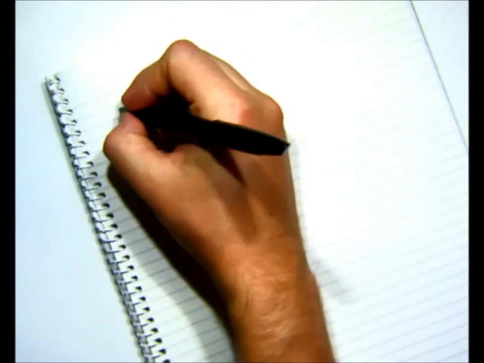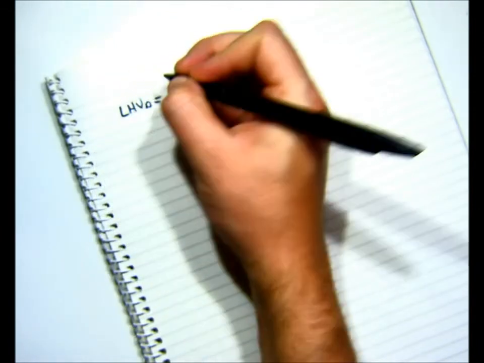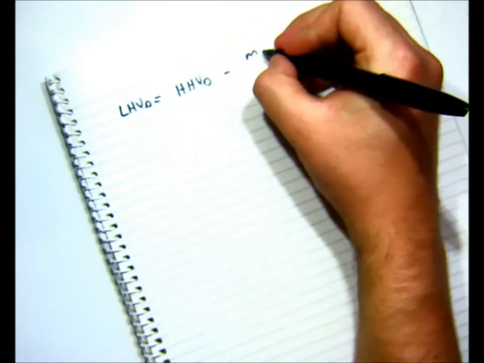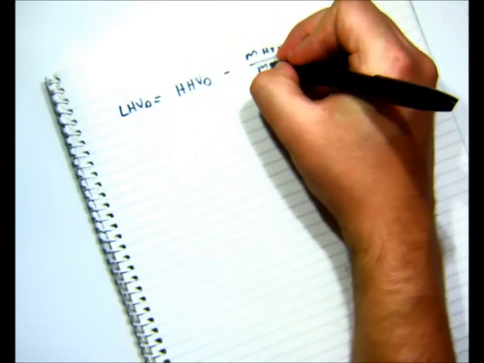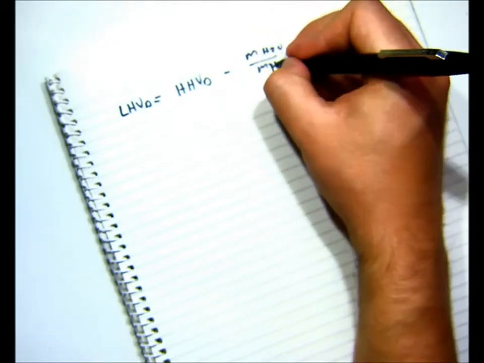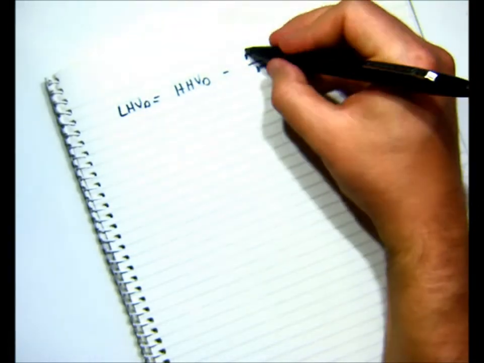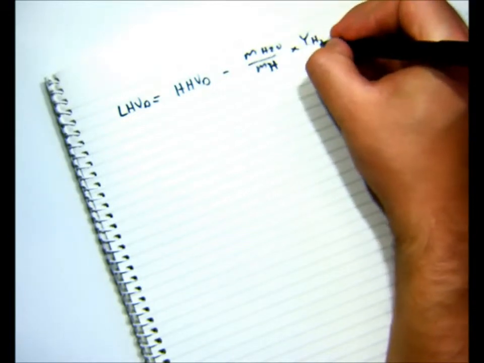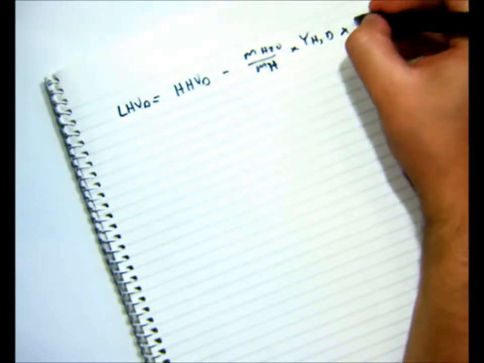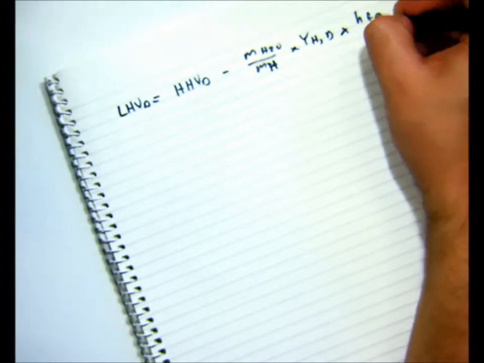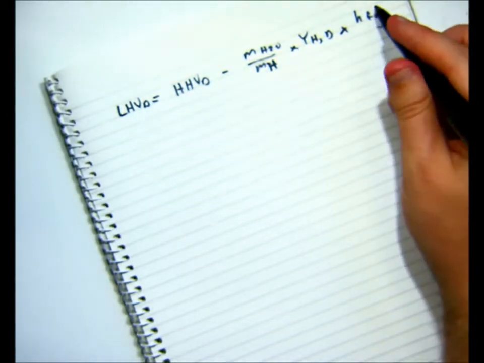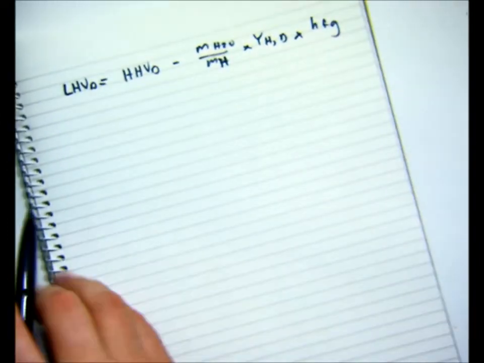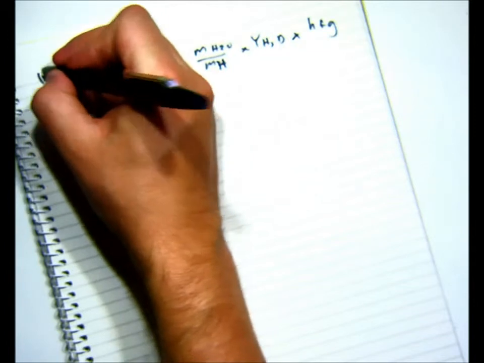So then we see LHV dry is HHV dry minus the mass ratio of water to hydrogen in the combustion reaction times by the mass fraction of hydrogen in the dry wood times by the latent heat of vaporization for water. So that's step 1 done.